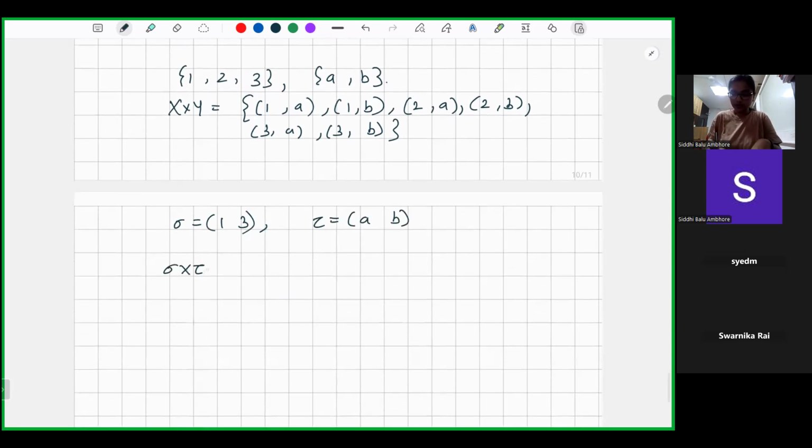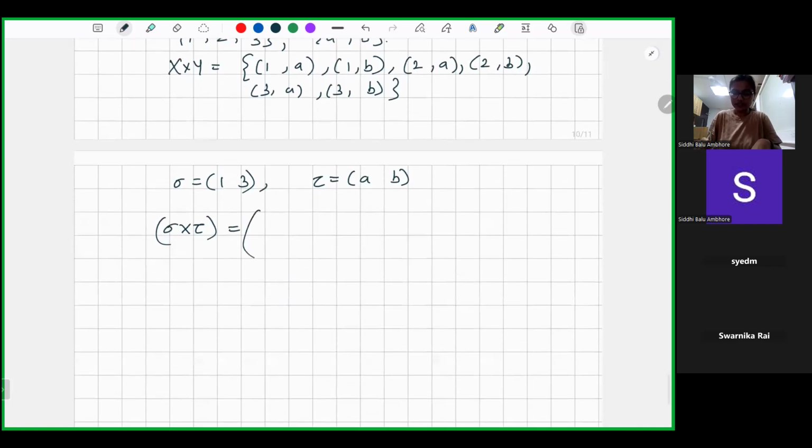So for this permutation sigma cross tau, I will arrange all these. 1a will go where sigma is going: sigma of 1 is 3, and a is going to b, so 1a goes to 3b. For 1b it is again 3, and b goes to a.